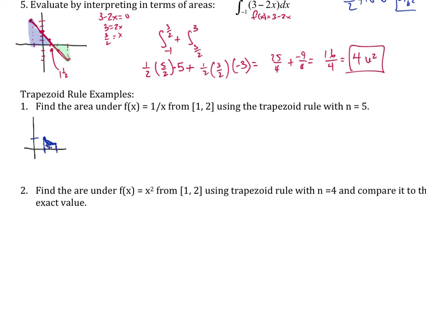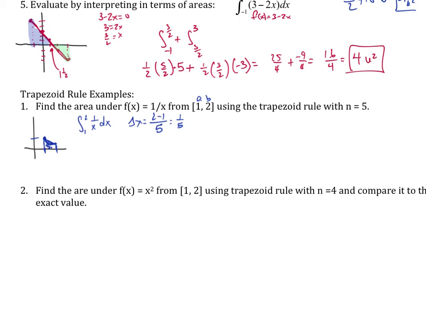Okay, so for trapezoid rule, this will be the integral from 1 to 2 of 1 over x dx if I wrote this as the definite integral. So delta x is going to be (b minus a) over n, so 2 minus 1 over 5. So these are going to be spaced out by 1/5.